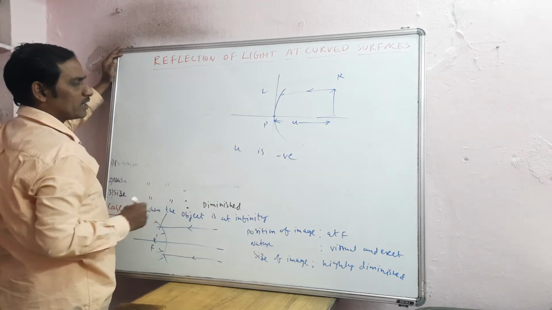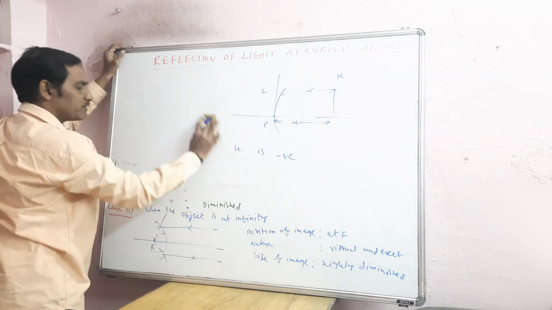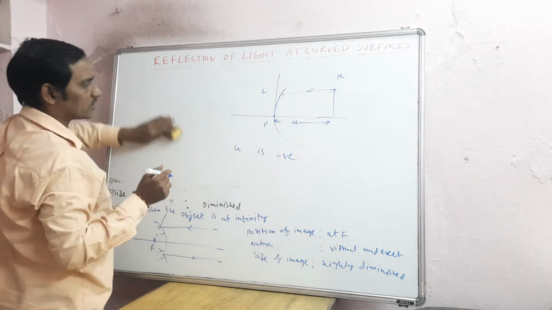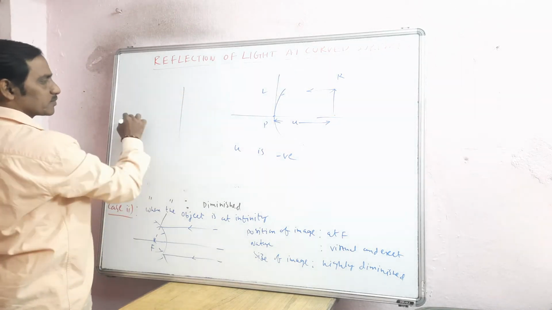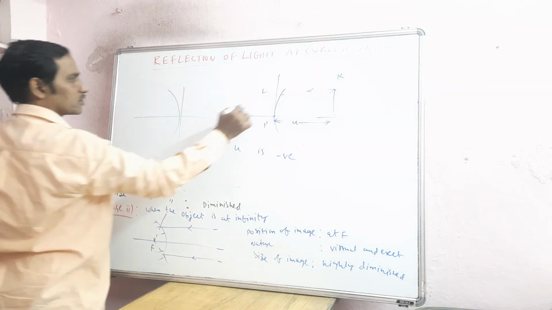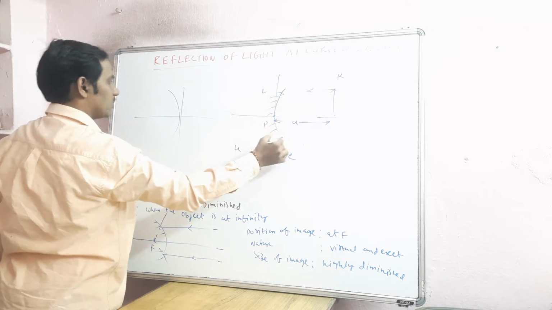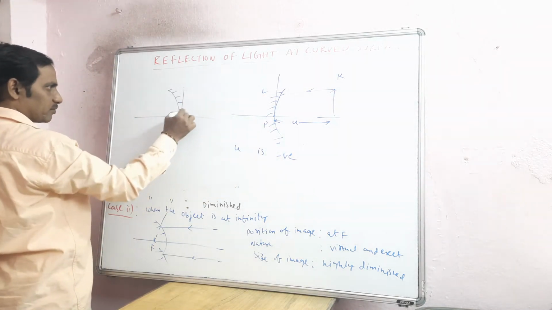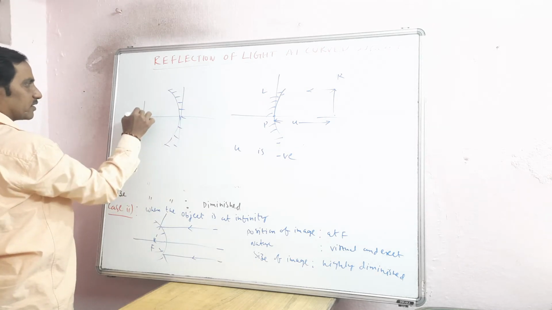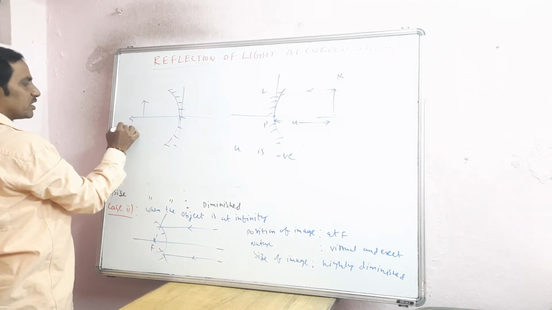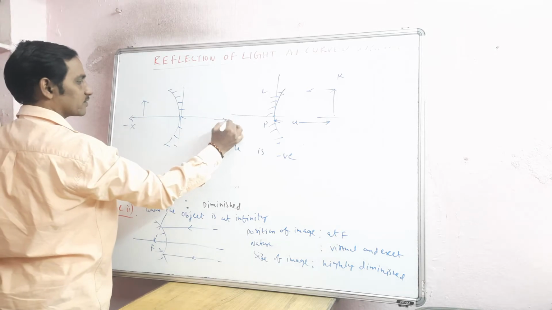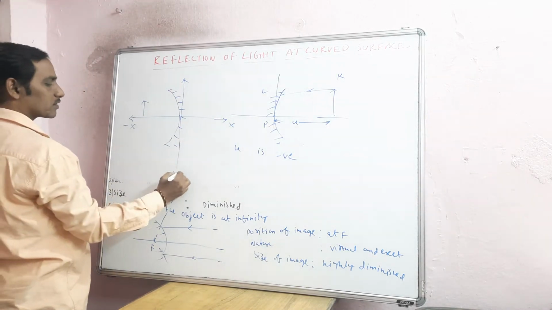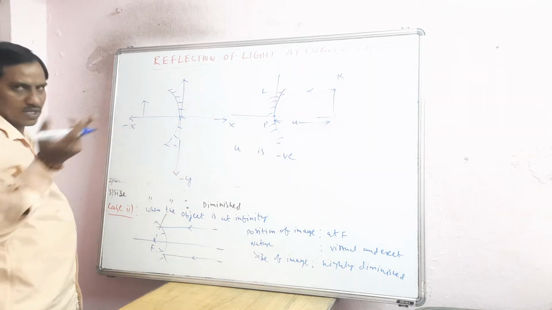So why do most other syllabuses take the object on the left side? For example, this is a concave mirror. When you keep the concave mirror like this, the silver side will be this side and the object will be kept this side. Here you are measuring along the negative x axis, this is positive x. Since you are measuring along the negative axis, u is negative.